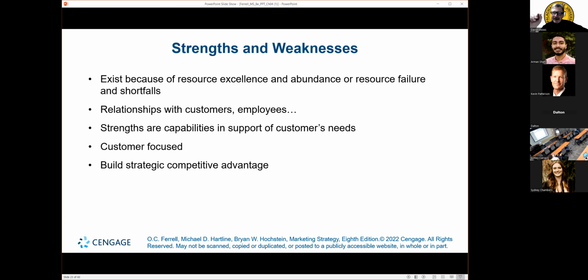It's not just a resource that you have that's available, it's a resource that's directly connected to a customer's needs. The relationships that employees have with customers, if you're a customer-focused organization, all of these can help build a strategic competitive advantage. In other words, that one thing that you can do better than anyone else can.